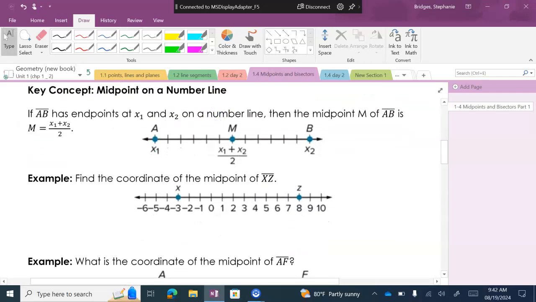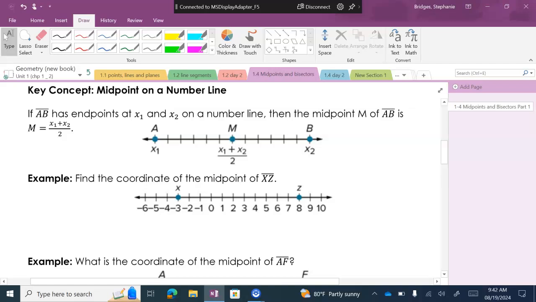So for example, we have a number line. Where is X? -3, all right? And Z is at 8. So we can take those and add them together and divide by 2, but here's the problem. What kind of number is X at? A negative.